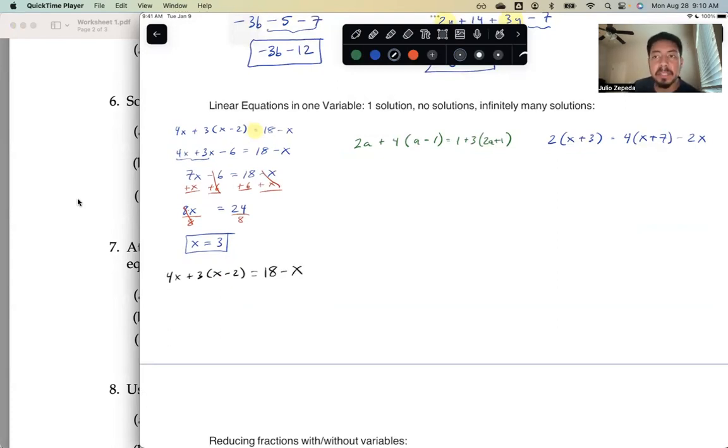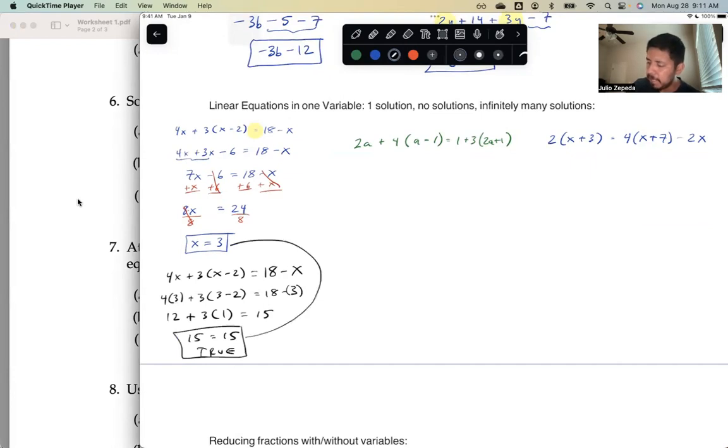Well, we've solved and we've determined that x is equal to 3. That means if we were to replace every x by a 3, we should get a true statement. So this is 3 plus 3 times, inside the parentheses, 3 minus 2 is 1, and 18 minus 3 is 15, and 12 plus 3 is 15. Notice that this statement is true. That means that x equals 3 is my solution, and we would say that this equation has one solution.